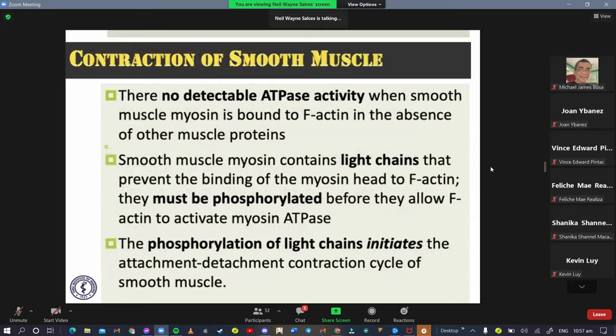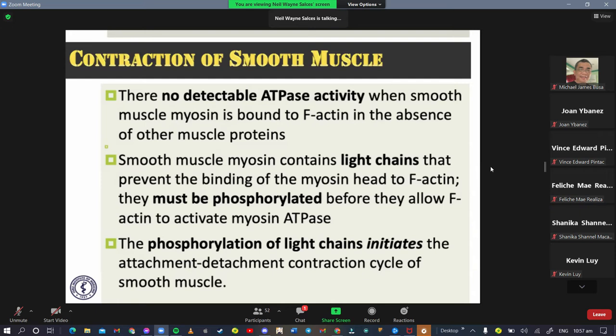When there is contraction of your smooth muscle, there is no detectable ATPase activity when your smooth muscle myosin is bound to the F-actin in the absence of your other muscle proteins. This absence of activity is quite unlike the situation described for striated muscle myosin and F-actin, which has an abundant ATPase activity.